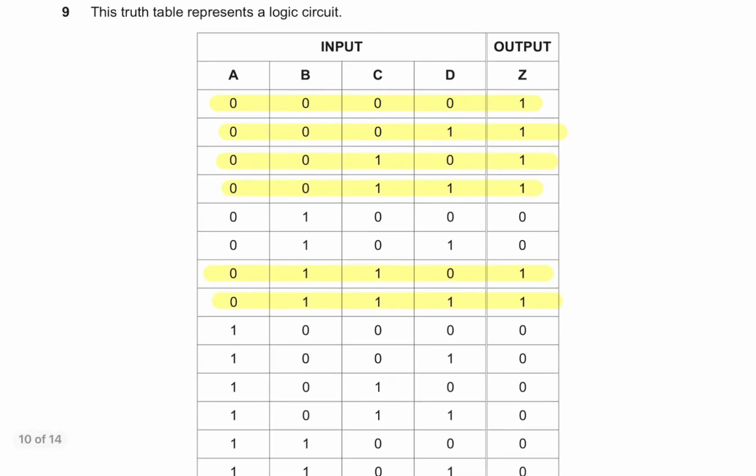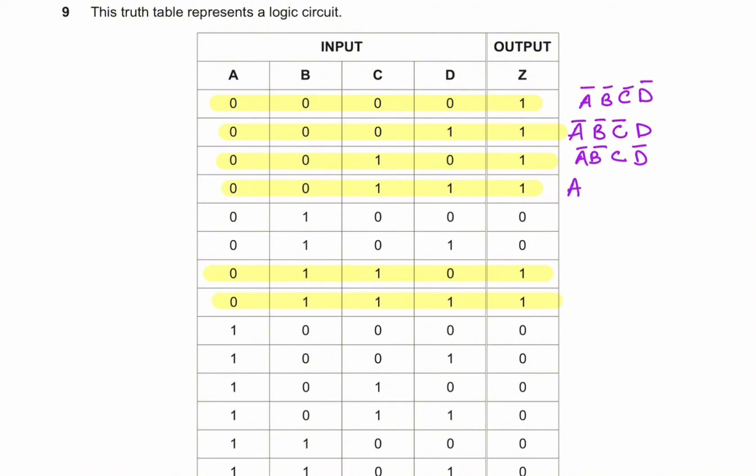0 means complement. So A complement, B complement, C complement, and D complement. The dash on top of the letter represents complement. Now the output is 1, so this is the first line. The second line will be A complement, B complement, C complement, and just D. Third line will be A complement, B complement, C, and D complement.